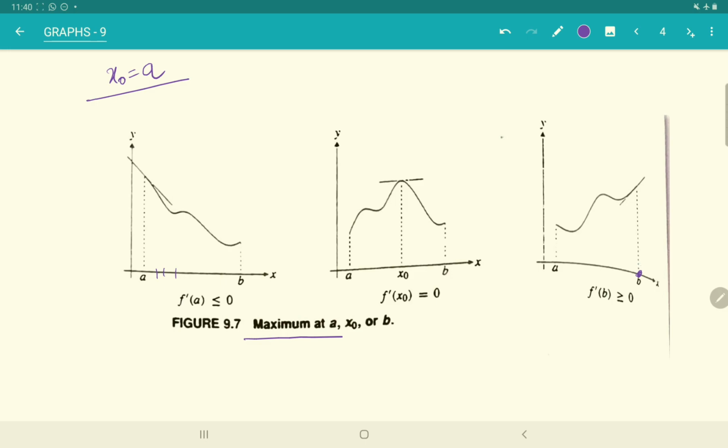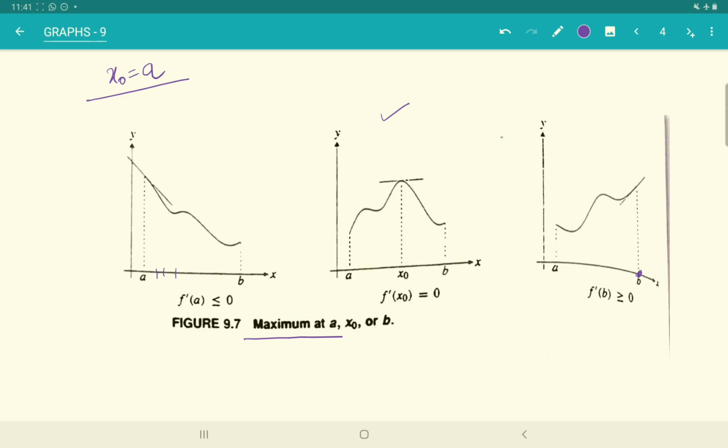Also, if we take up the last case, which is shown here in the middle, if x0 belongs to the interior of the interval, I know that x0 is the maximum point for f in that interval, and the function is differentiable in the interval.